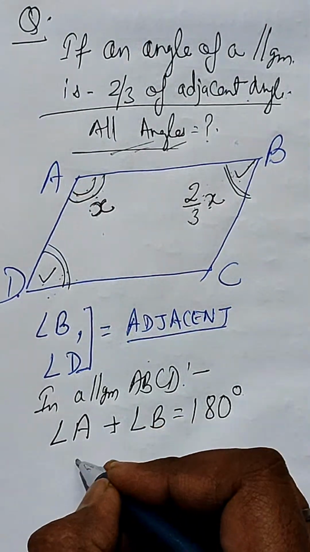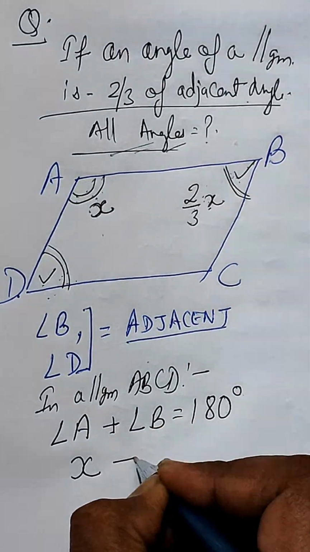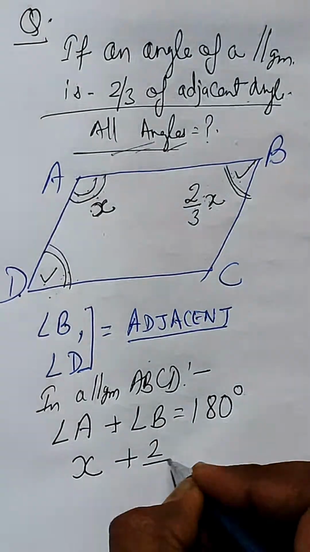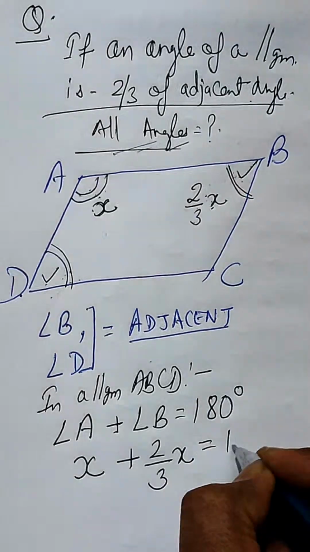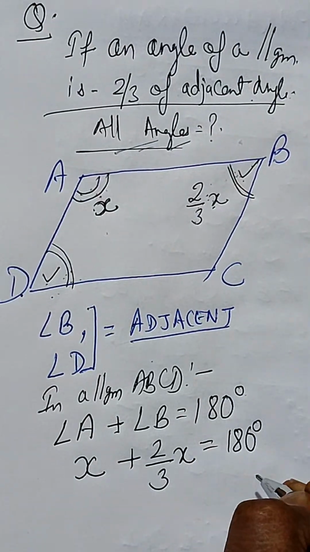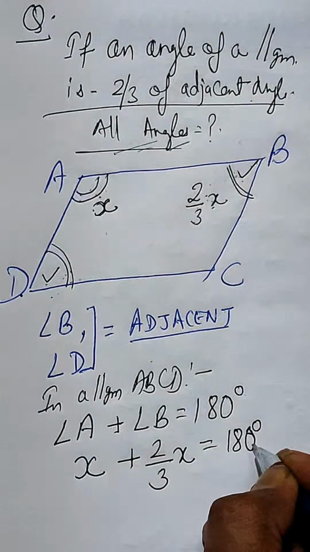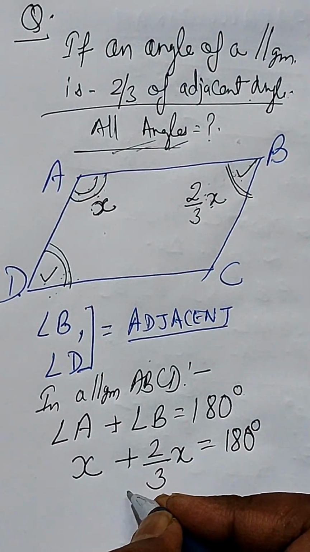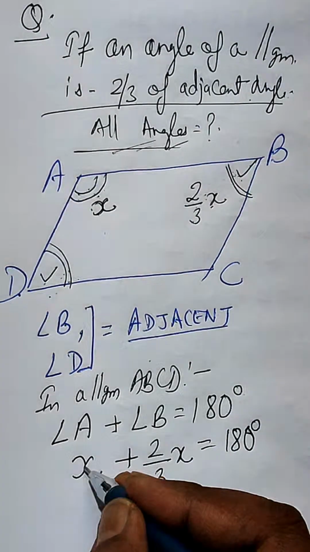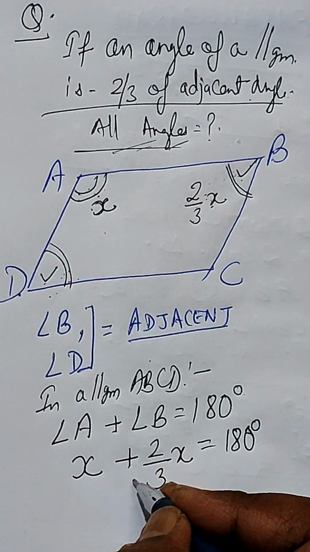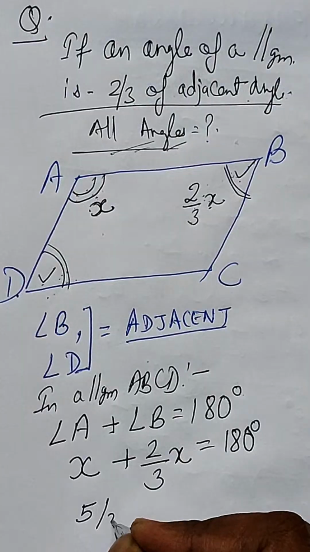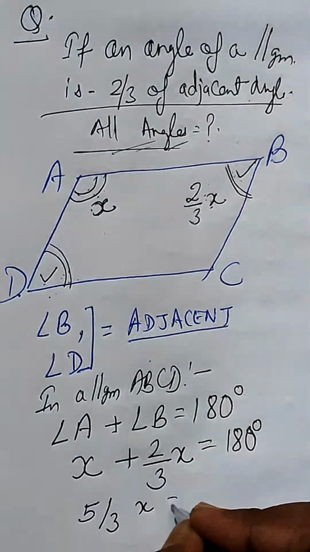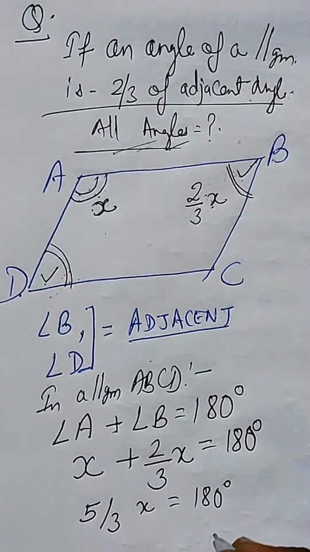The value of angle A is x and the value of angle B is 2 by 3x. Now just take the LCM and add it: 3 plus 2, 5. So this gives 5 by 3x is equal to 180 degrees.